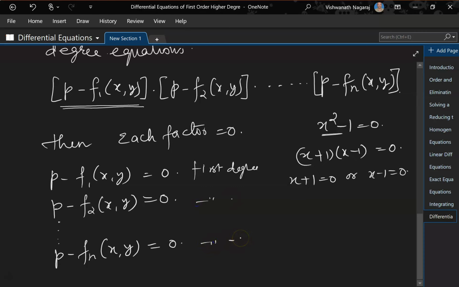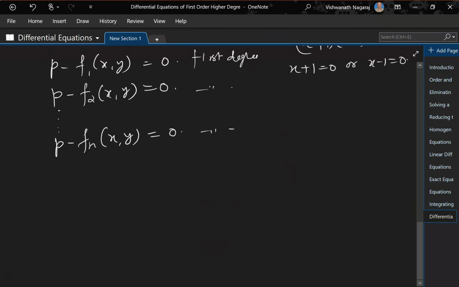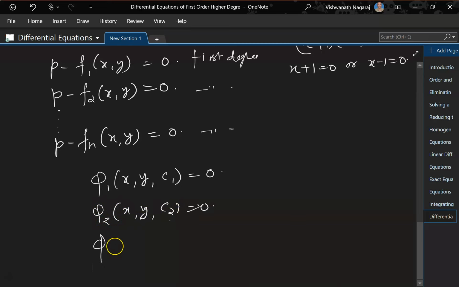If we solve each one of them, let's say the solution of each of these is phi 1 x comma y comma c1 equal to 0, phi 2 x comma y comma c2 equal to 0, and so on, phi n x comma y comma cn equal to 0.